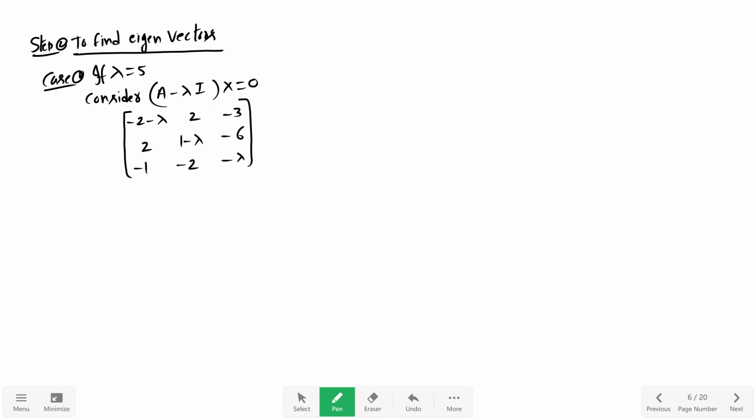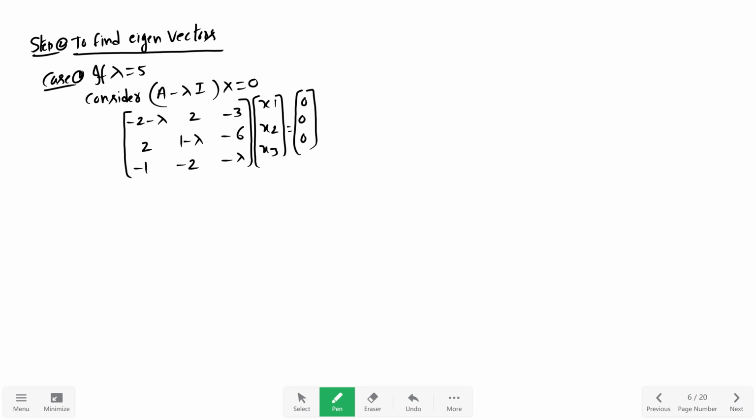Next multiplied by the column of unknowns x1, x2, x3 equal to 0, 0, 0.